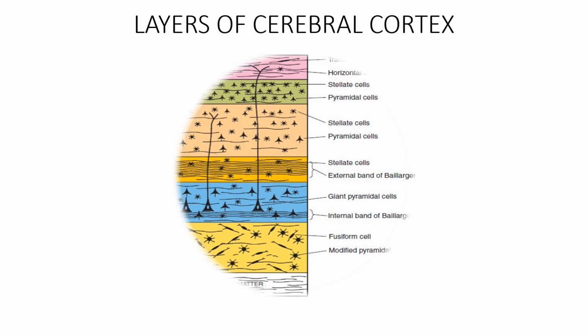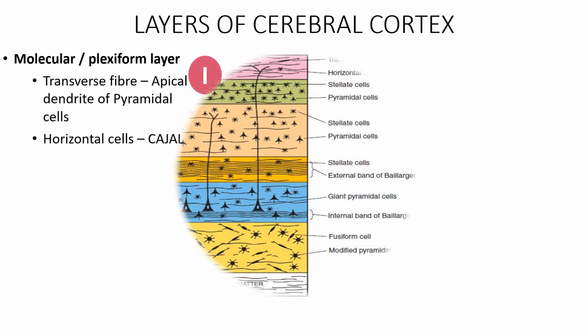Layers or laminae of the cerebral cortex. There are 6 layers of the neocortex, which are numbered from 1 to 6. The first one is the molecular or the plexiform layer, which has the transverse fibers, which are of apical dendrites of pyramidal cells, and the horizontal cells of Cajal, which are small, pear shaped or fusiform shaped.